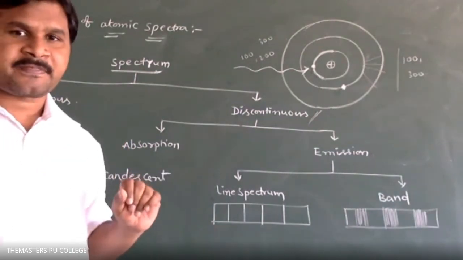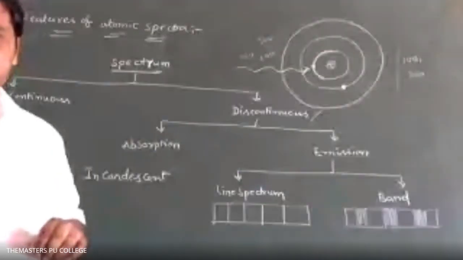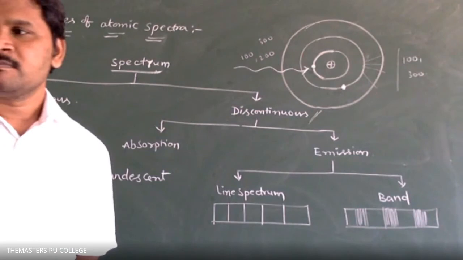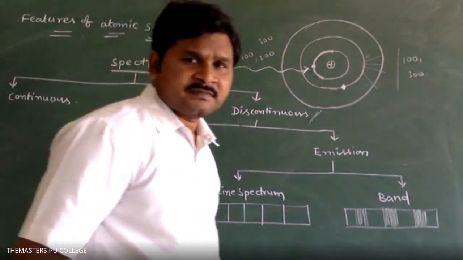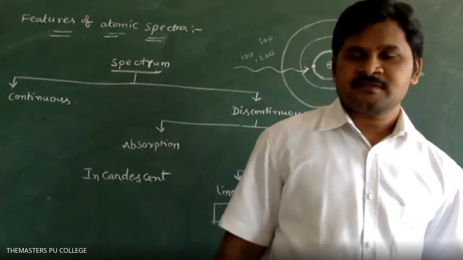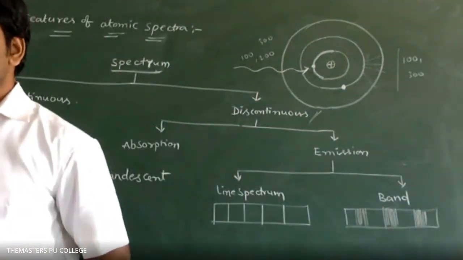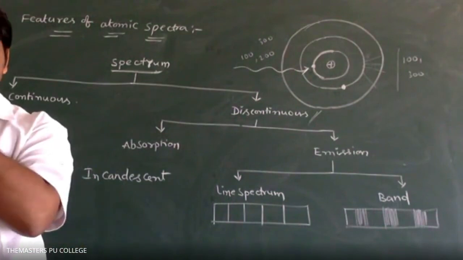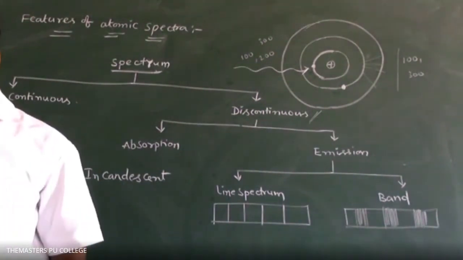Next, absorption. Write down: the spectrum produced by absorbed radiation is called absorption spectrum.